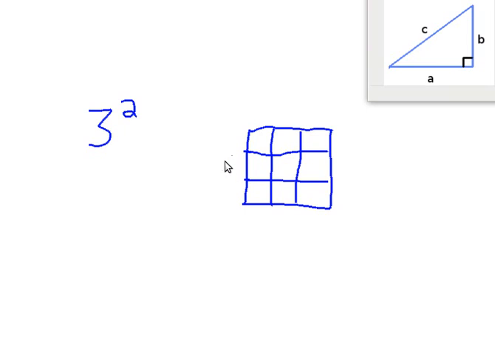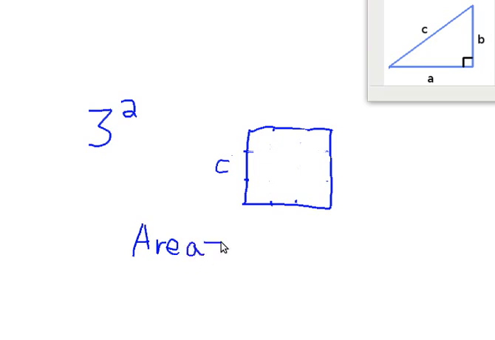Let's get rid of this 3 and just call it C. A square of side length C. The area of that square is equal to C squared. That means you could fit C squared boxes of side length 1 in there. That's what that's telling you.